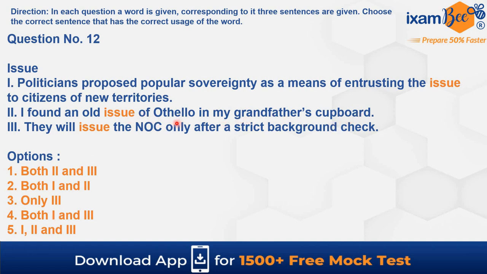So now what is Othello? It's a play by Shakespeare, right? So I found an old issue. Now that issue means a version, a publication. Then in the third sentence, they will issue the NOC only after a strict background check. So issue means here declare, supply, or provide.